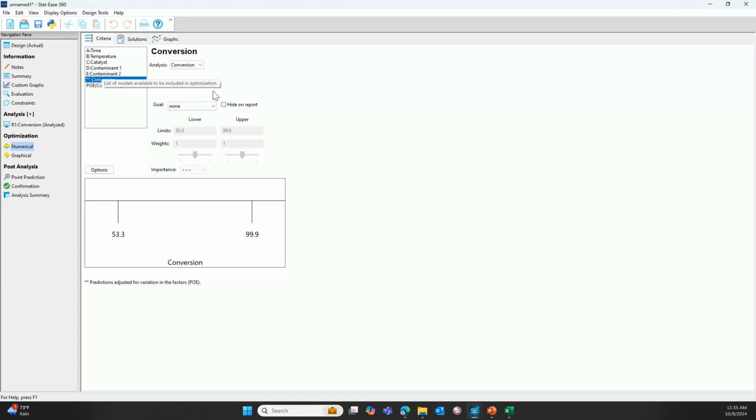All right, so the conversion, we obviously want to maximize that, and we want to be at least 90. Let's see, I guess we can put 100 here. POE on the conversion, well, what do we want to do with that? We want to minimize it.